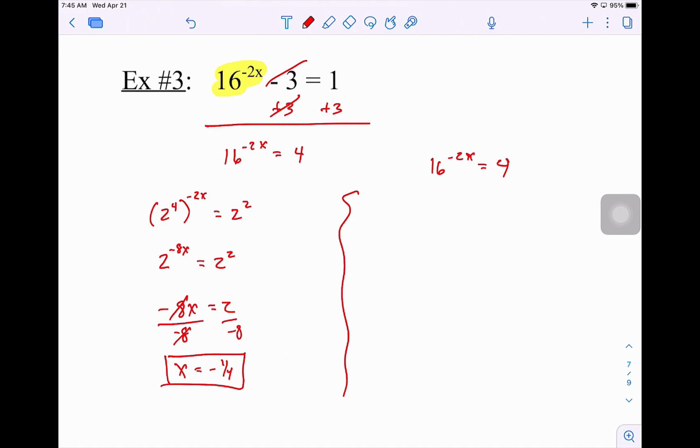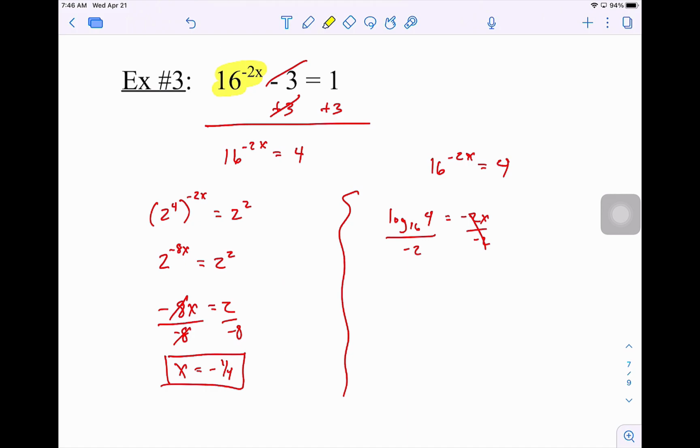So if we go through, because more people raised their hand for this one, and change this into logarithmic form, we would have the log base 16 of 4 equal to negative 2x. And then from here, divide both sides by negative 2. Log base 16 of 4 divided by negative 2. Well, the log base 16 of 4, now we have to get an answer on that. 16 to what power gives you 4?